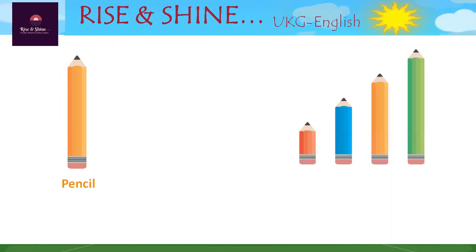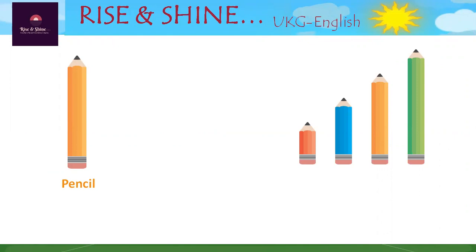So now, what do you see here? It is one pencil. What do you see here? Pencil. And now 1, 2, 3, 4.